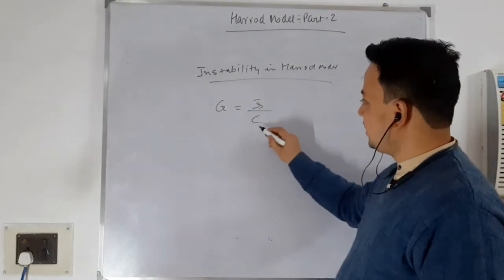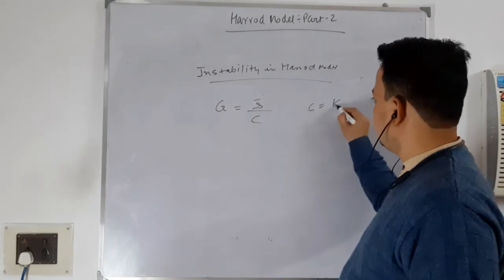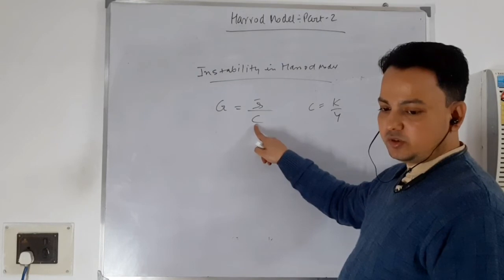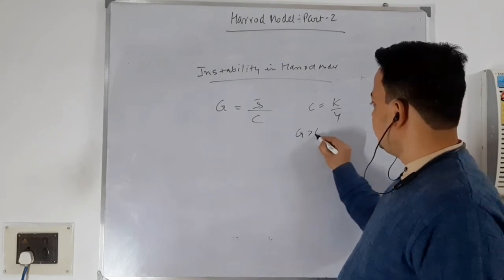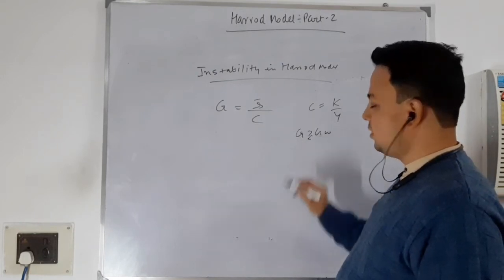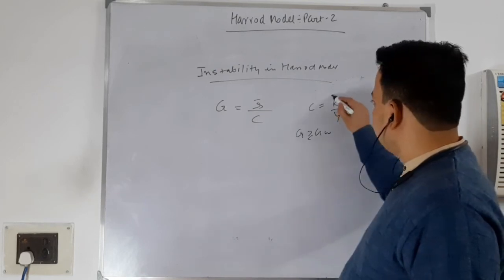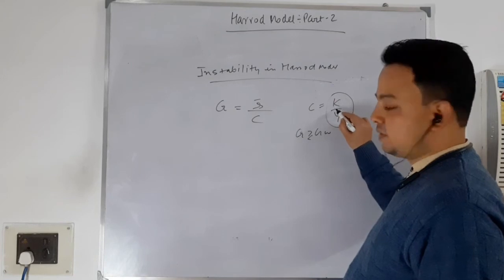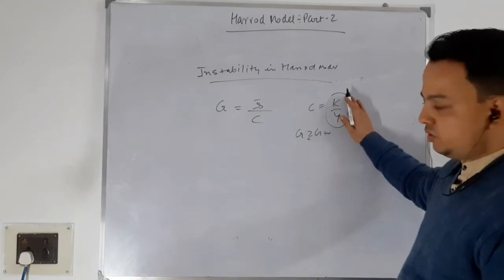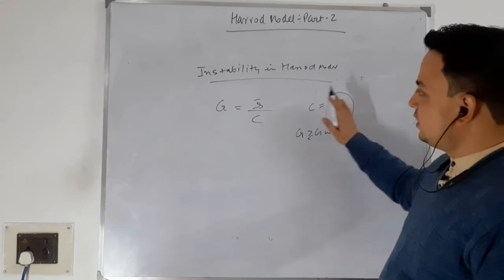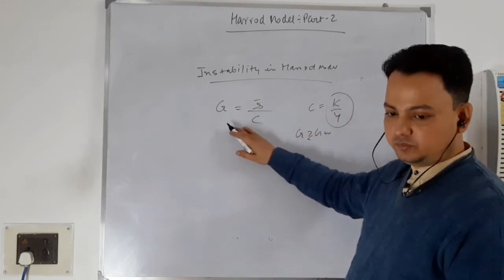In the model, they assume the capital output ratio is constant. Since the capital output ratio is constant, when G is greater than Gw or less than Gw, no adjustment will take place. Fixing the capital output ratio, or keeping it constant, is providing instability in the model.